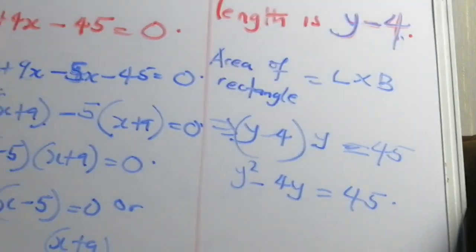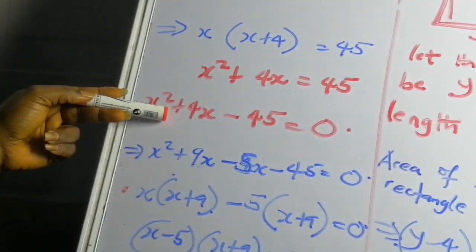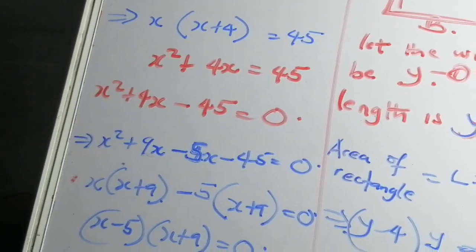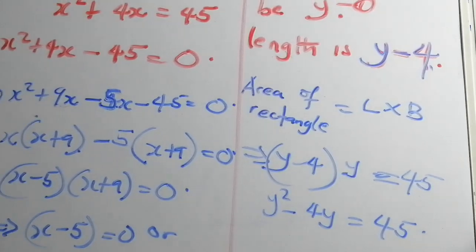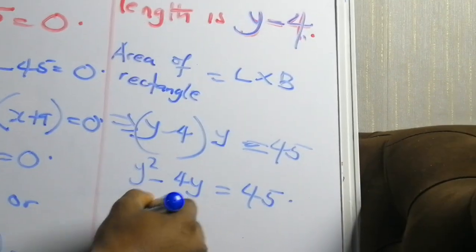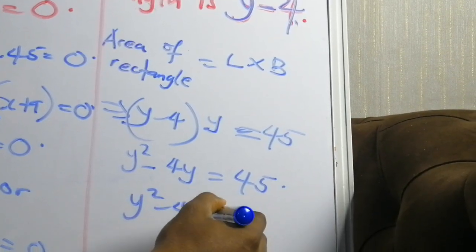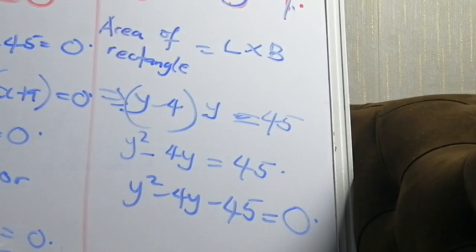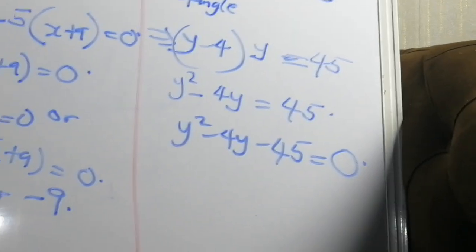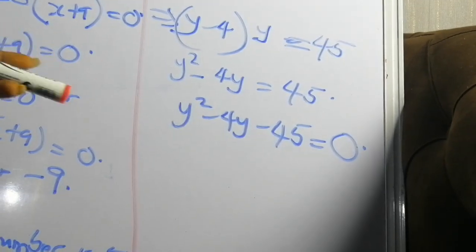The only thing that is different here is that we're having plus here. The way they shape it, it's looking like the first question. So now y squared minus 4y minus 45 equals 0. We can use the same method, 9 and 5.